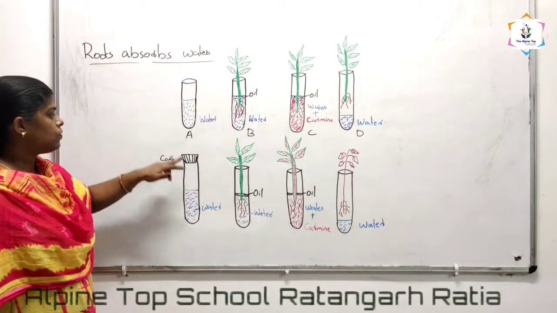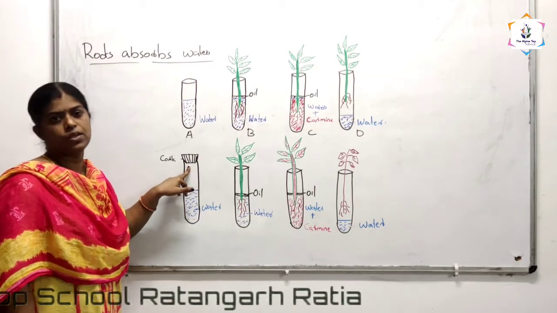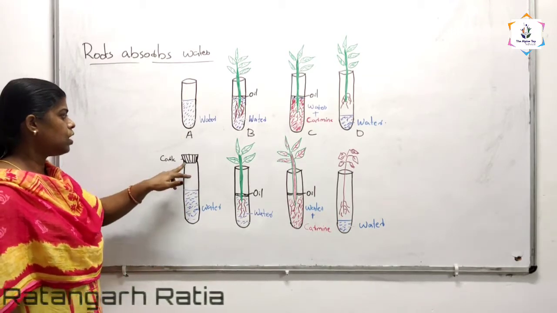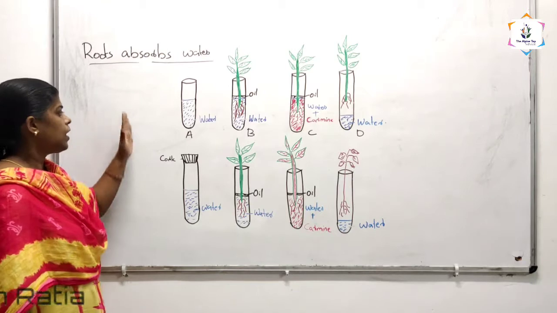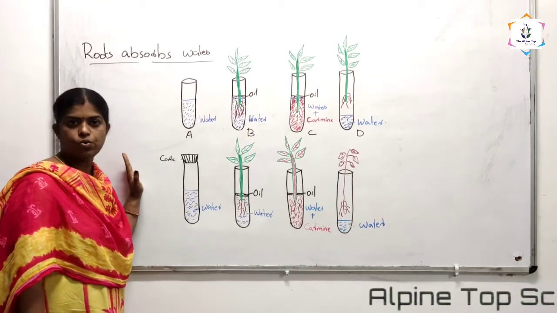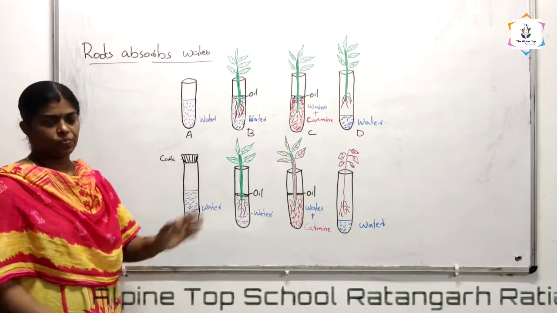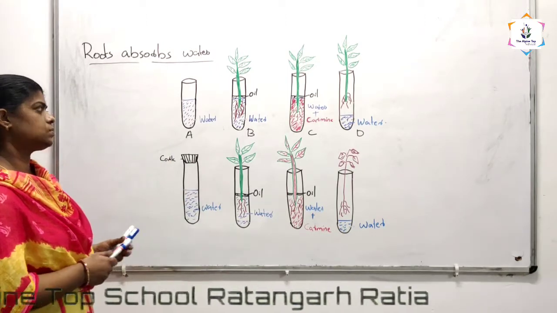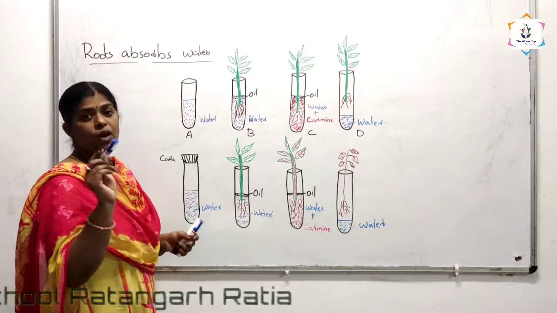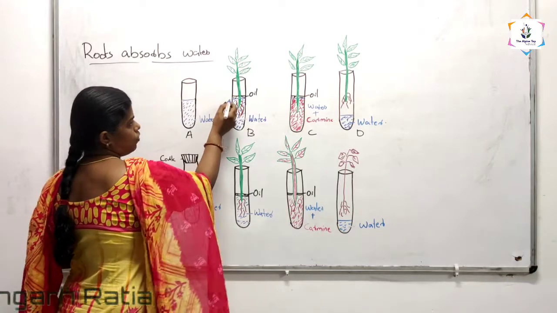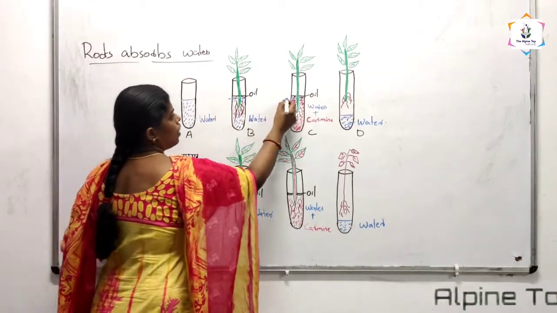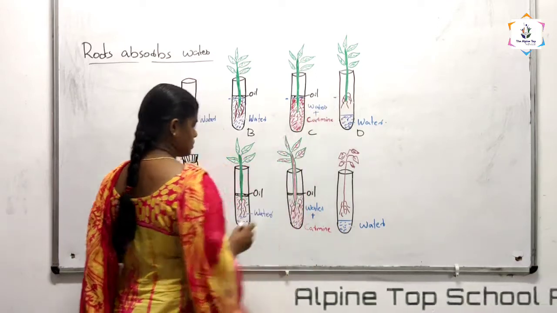And tube A we are going to close with a cork. We are keeping this setup for 24 hours, and after that we are going to observe the changes. The initial water level also we are marking over here. We have to mark up to which level the water was.